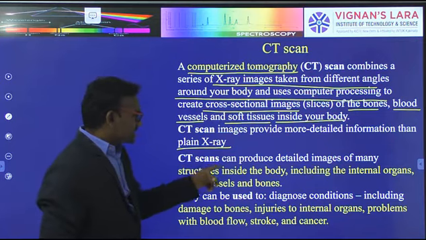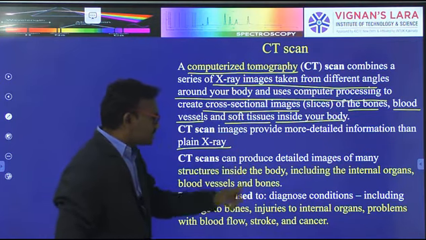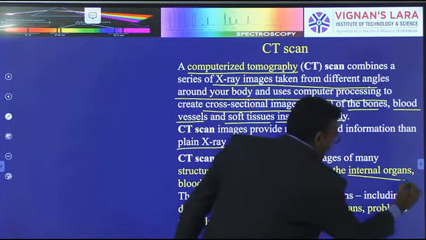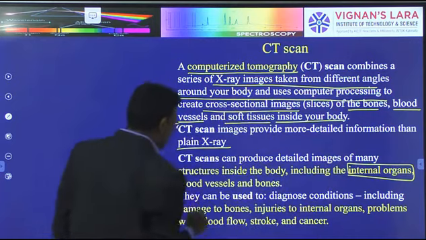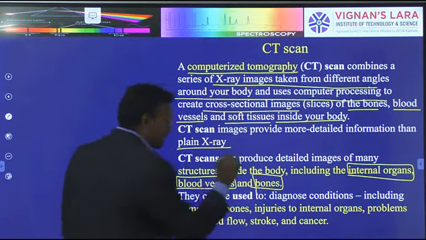CT scan can produce detailed images of the many structures inside the body, including the internal organs, blood vessels, and bones.